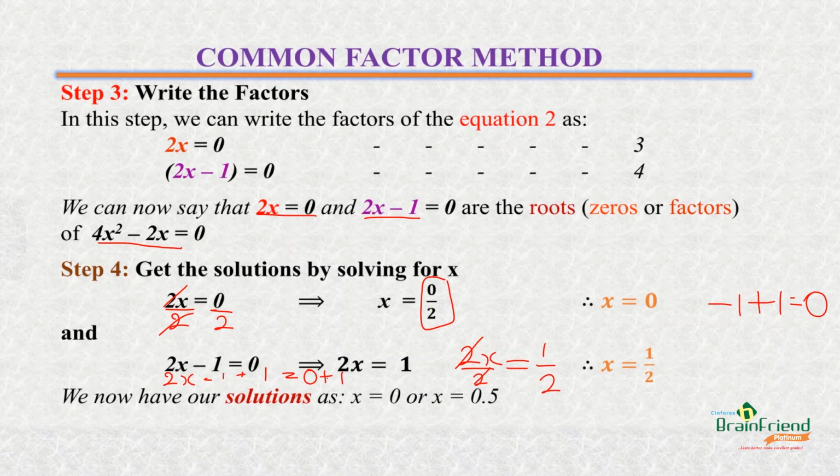So they will cancel out and we'll now have x is equal to 1 over 2. This will be the fraction form of the answer. If you like, you can go further to put it in decimal form, which will be the same thing as 0.5. We now have our solutions as x equal to 0 or x equal to 0.5.